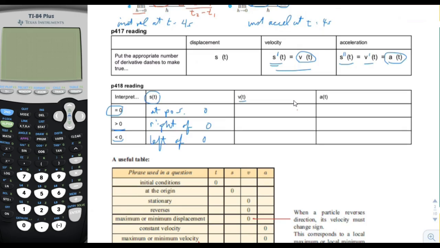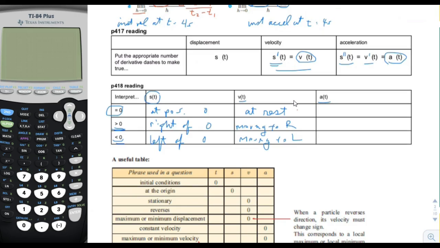What about velocity? When velocity is equal to 0, what does that mean? It means you are at rest. What about when the velocity is greater than 0? It means you are moving to the right. And when v of t is less than 0, you're moving to the left. What about acceleration?